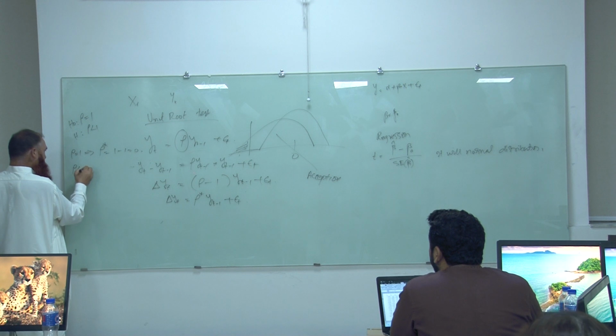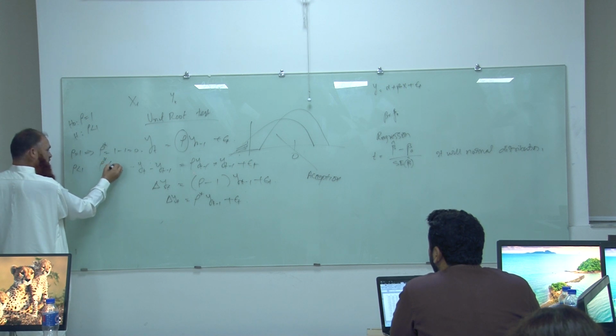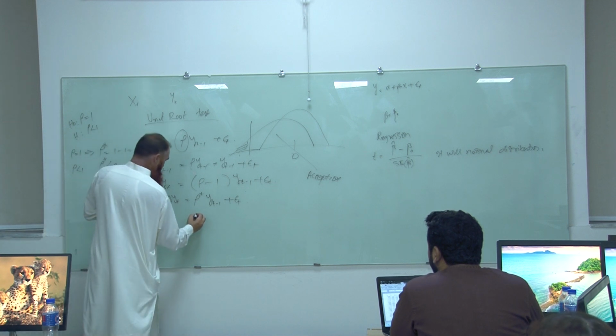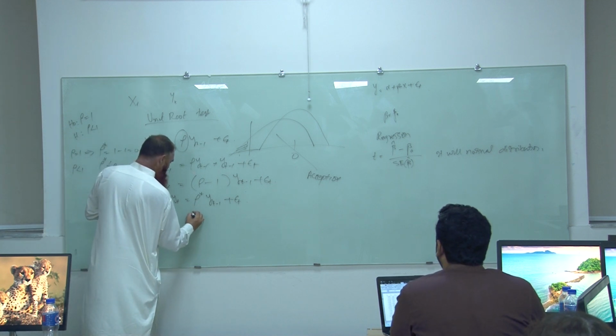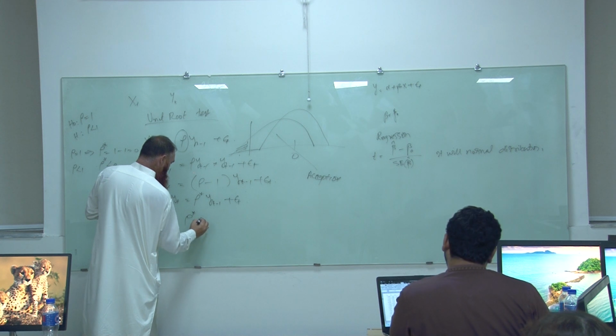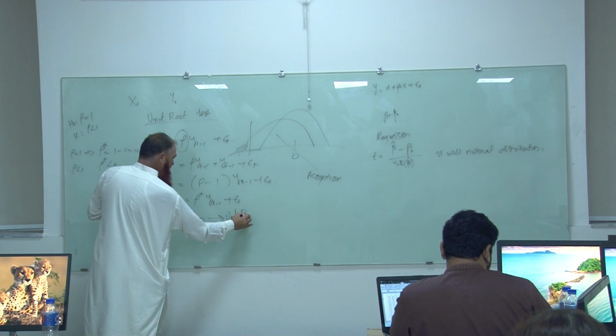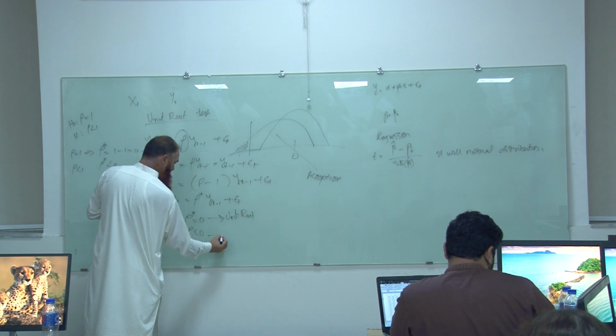And if rho is less than 1, the rho star will become less than 0. So the hypothesis is transformed into rho star equal to 0 versus rho star less than 0. This means unit root, and this means stationary.